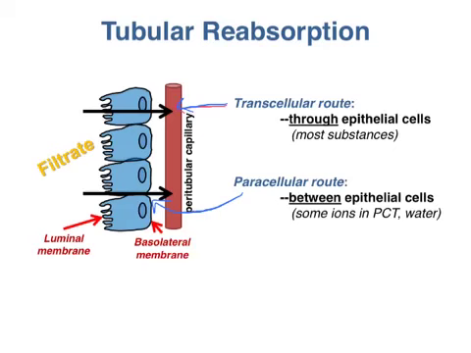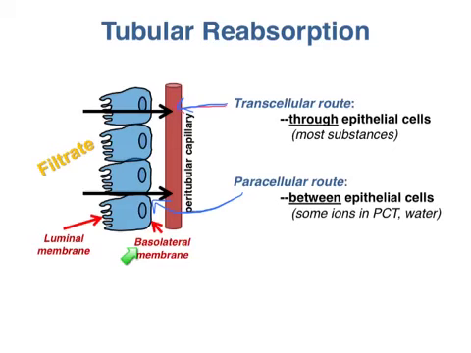Make sure you keep these straight as you're studying reabsorption. So the face of the epithelial cell that is in contact with the filtrate, that is facing into the lumen of the tubule, is referred to as the luminal membrane. The other side of the epithelial cell, the side that faces the interstitial fluid, where the paratubular capillaries are, is called the basolateral membrane.